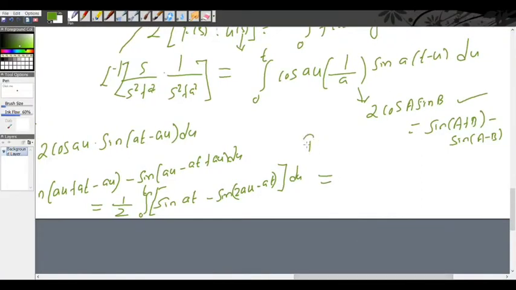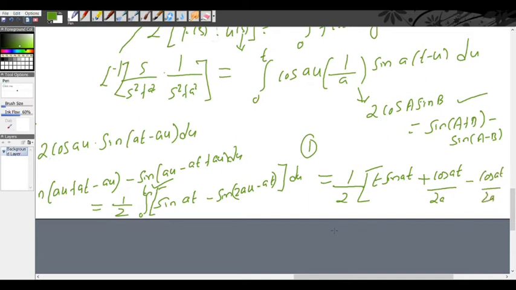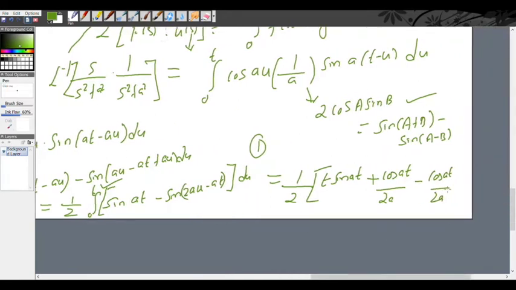I have missed one step. I skipped one step, where we do the integration and apply the integration limits. After applying the limits, I will be getting 1 by 2, t sin at plus cos at by 2a minus cos at by 2a. So after manipulation, this is the final answer, t into sin at by 2a.